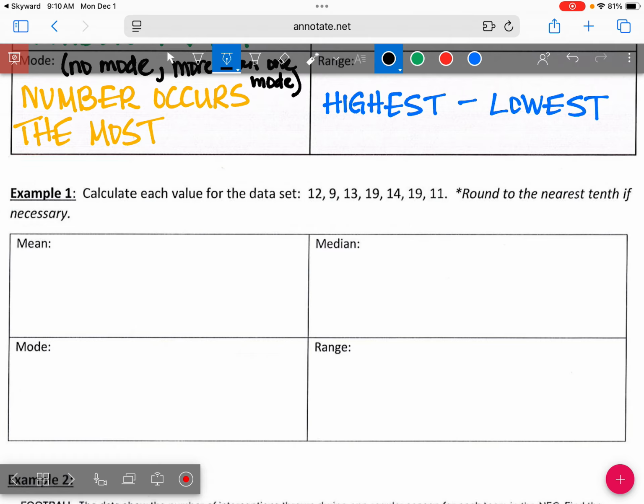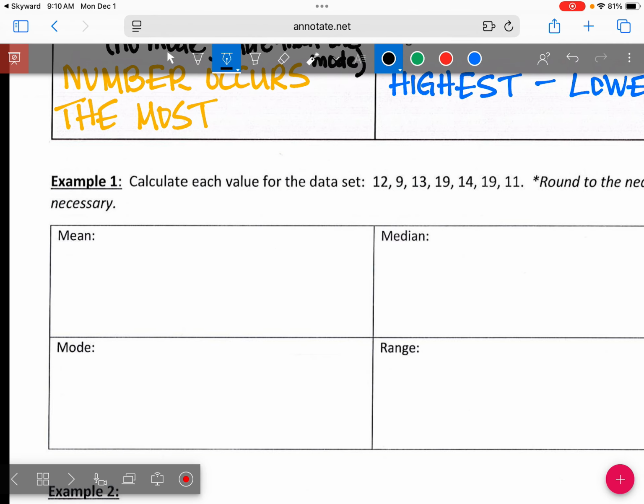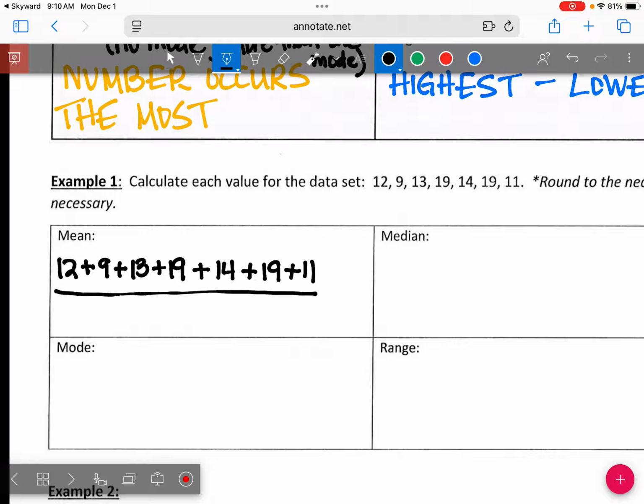Example 1. We have to calculate each value for the data set. The first thing we need to do is add up these numbers. So we're going to take 12 plus 9 plus 13 plus 19 plus 14 plus 19 plus 11, and we're going to divide it by how many numbers we have.